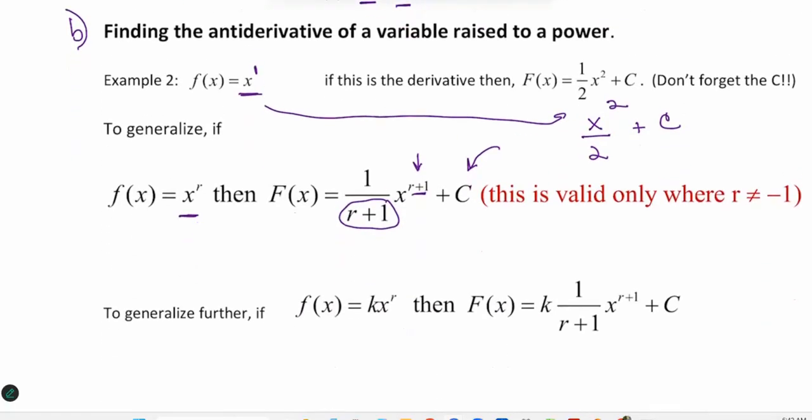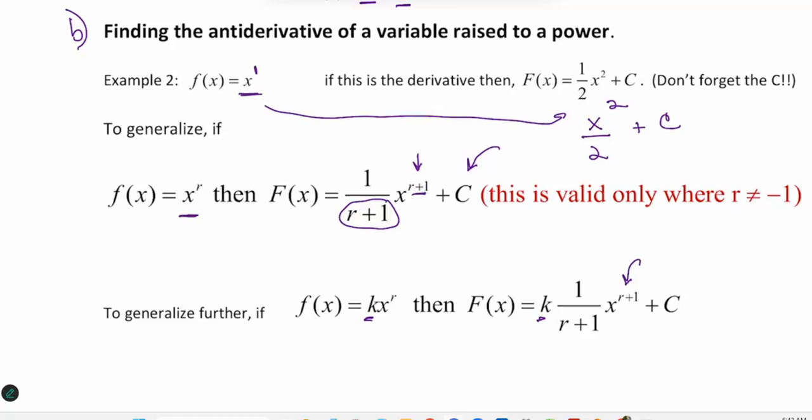Okay, so let's further generalize it. And I'm going to do the generalization and then I'll do an example. So if you had some constant and then you had it times x to the r, if that's your derivative, then your original function or your antiderivative, bring the constant along for the ride. Then follow the same procedure.